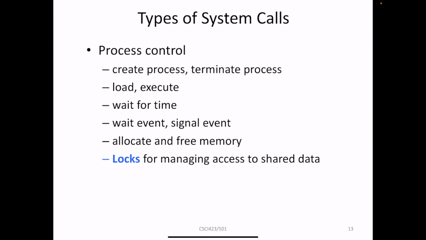create a process, terminate a process, load or execute a process, hold the process for a period of time, suspend for a certain event, or generate a signal for an event, and also allocate and free memory for a certain process.